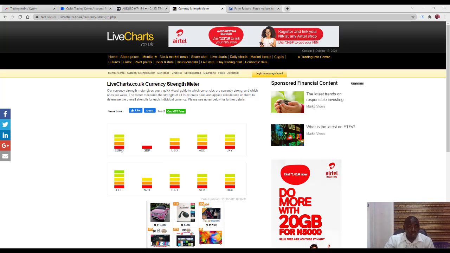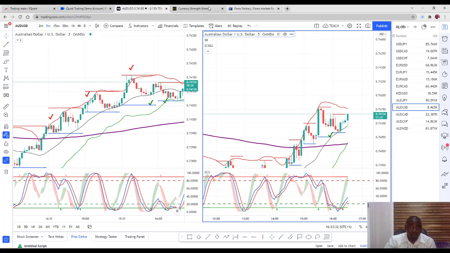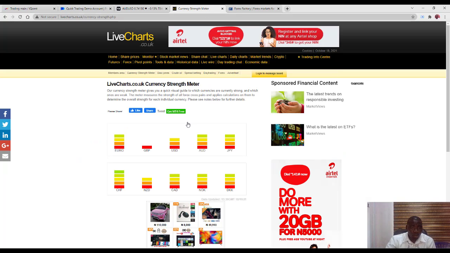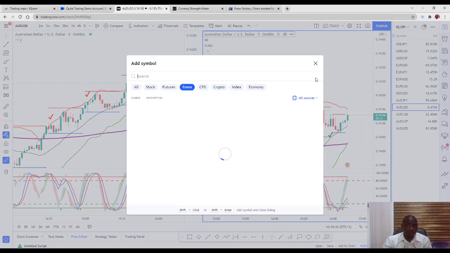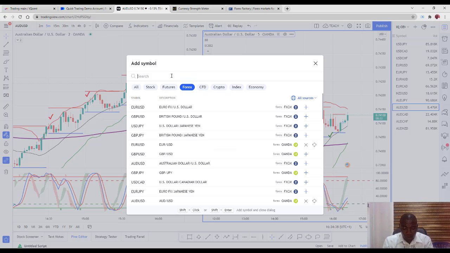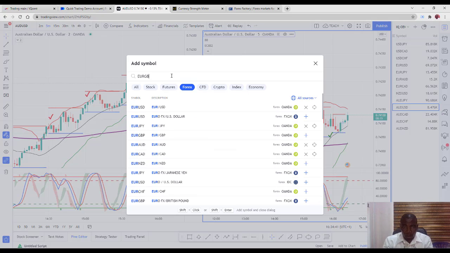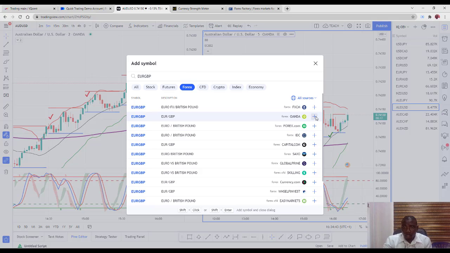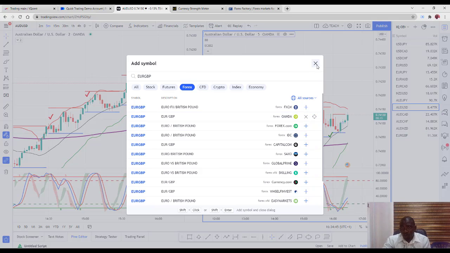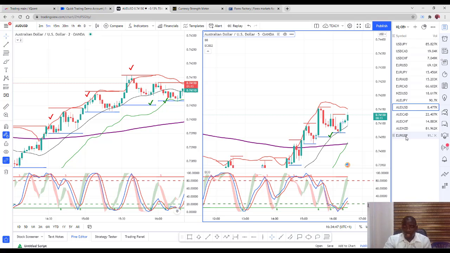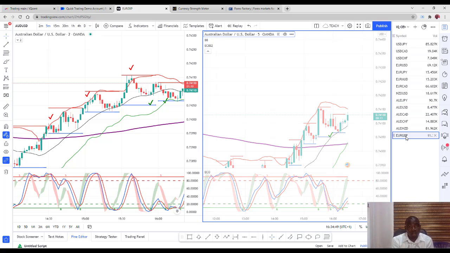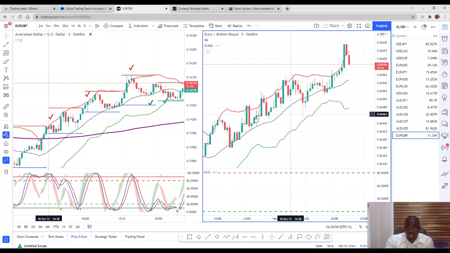Take for example, Euro GBP. When you go to Euro GBP, you are supposed to see that it should be buying, because the euro is higher than the GBP.